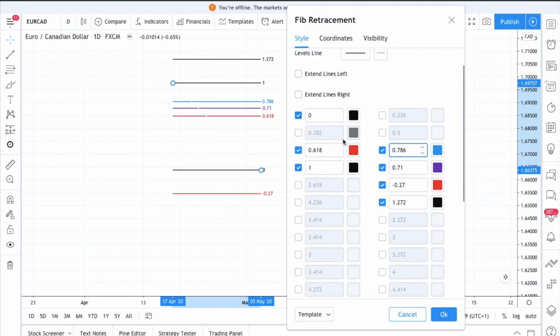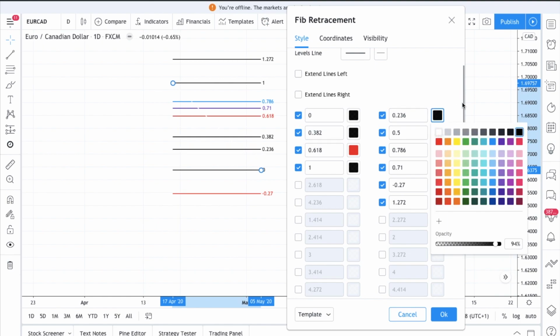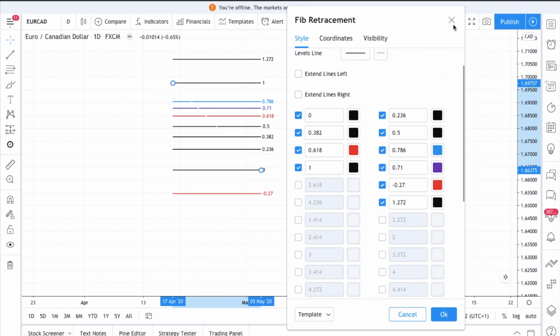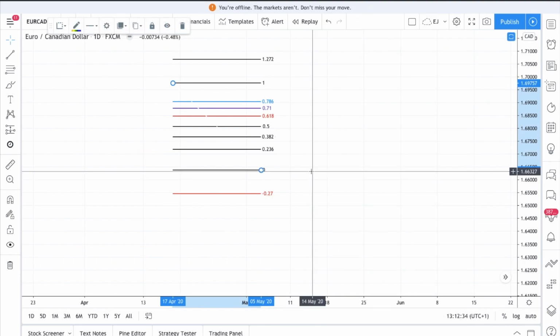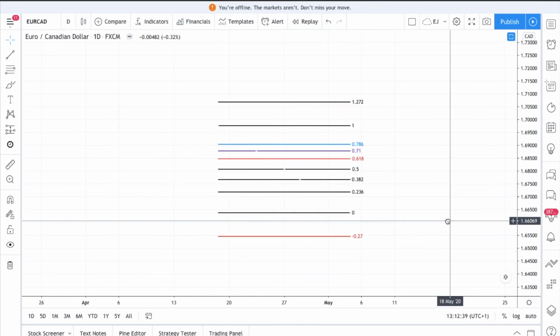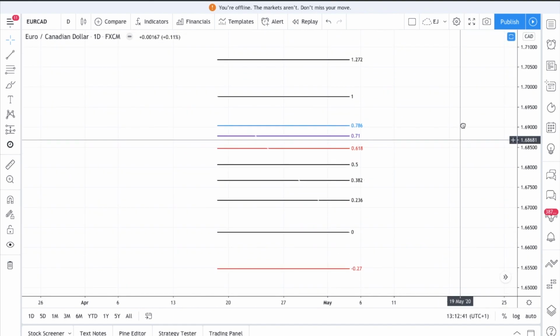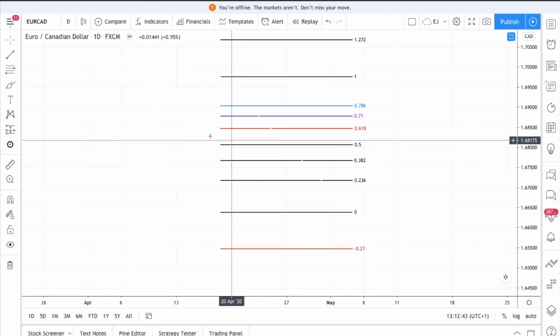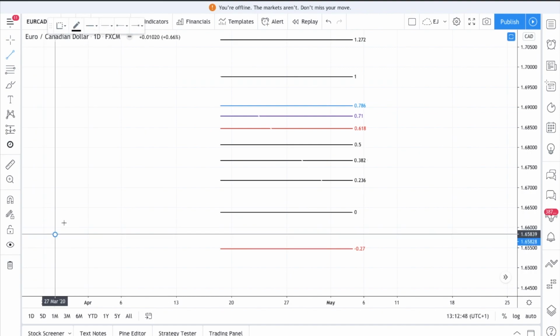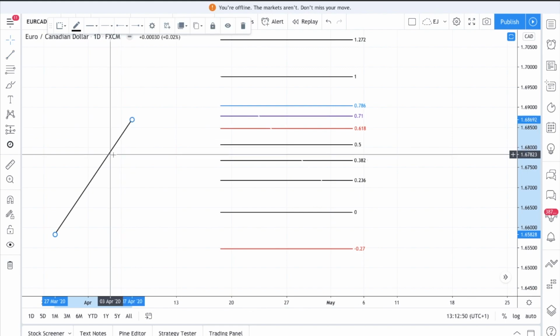So the reason I'm using these specific numbers is to show you what normally you will see, it probably looks a bit like this. The way Fibonacci works is when you get a big bullish move or down move, so let's just work on the bullish, buying the market at the minute.